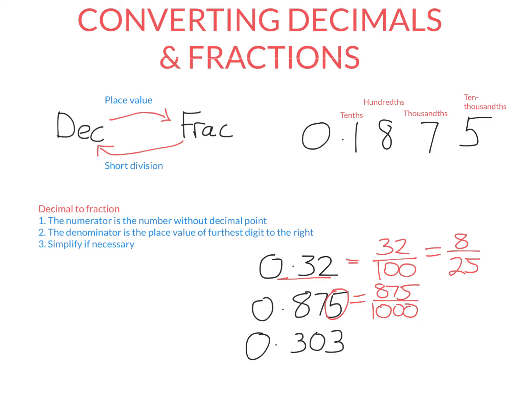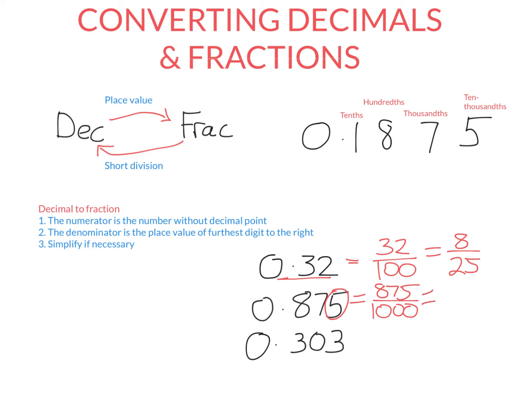If you're trying to find the highest common factor of two numbers, it's always a factor of the difference. So the difference between 875 and 1,000 is 125. So their highest common factor will be a factor of 125. It turns out 125 is the highest common factor of these two numbers.